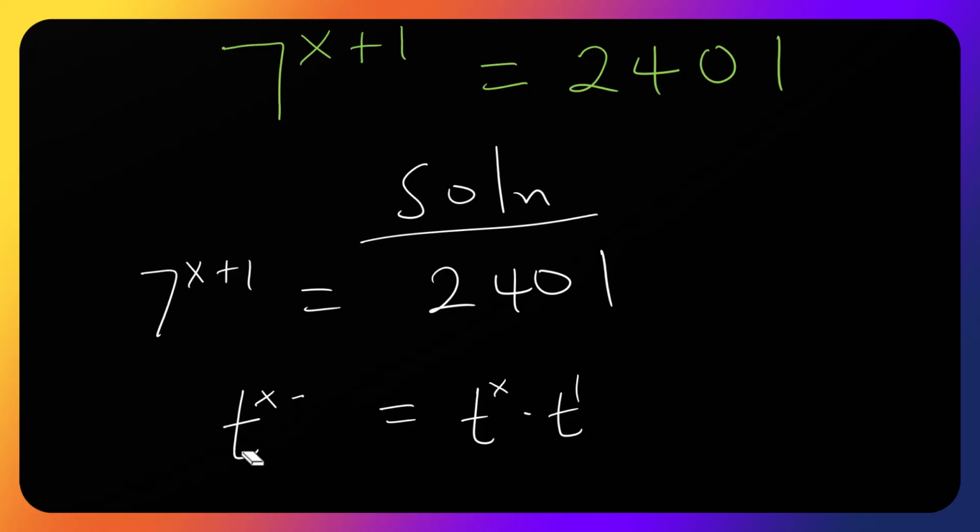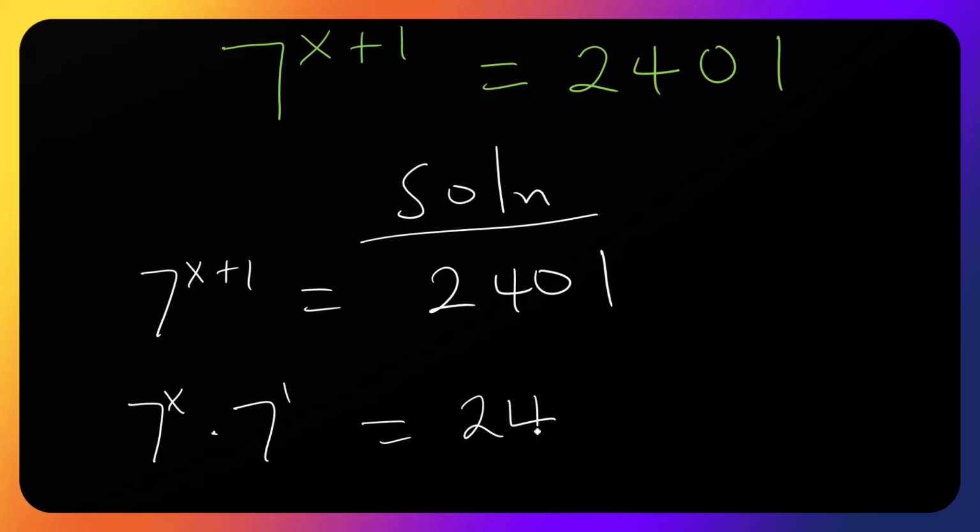So we can write this as 7 to the power x times 7 to the power 1 equals 2401. Okay, so from here we can divide both sides by 7.